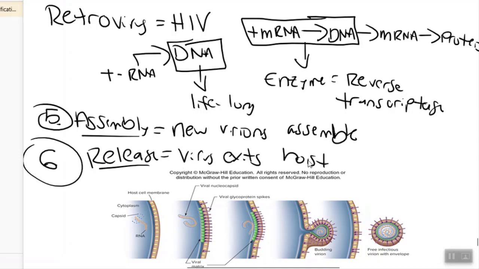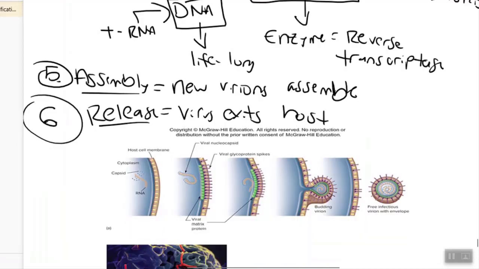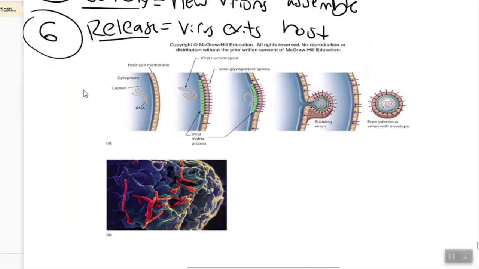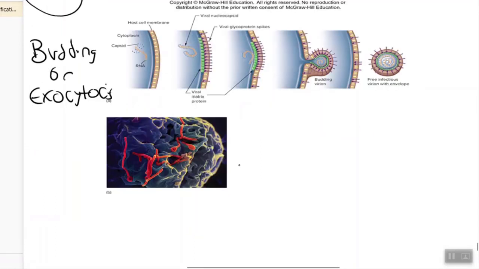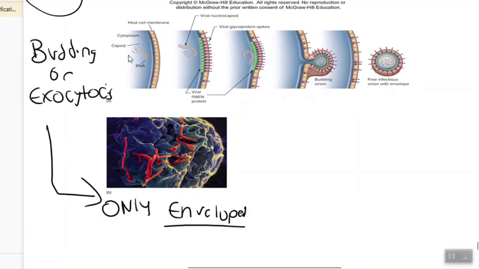And just like we had 2 types of penetration, we also have 2 types of release. The one pictured here is called budding, or you could call it exocytosis, same thing. Only enveloped viruses can exit this way. In this type of exit, the virus actually is going to go right up to the cell membrane of its host, and it's going to pick up a piece of the cell membrane.